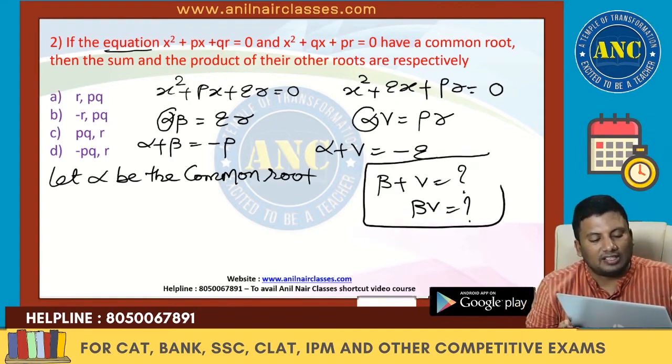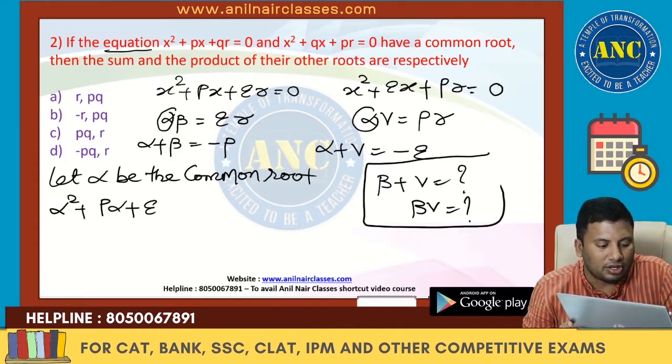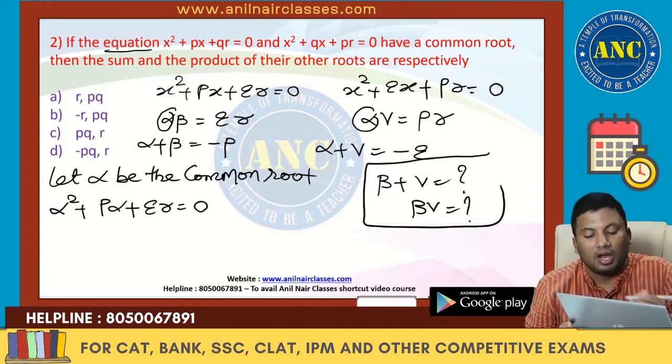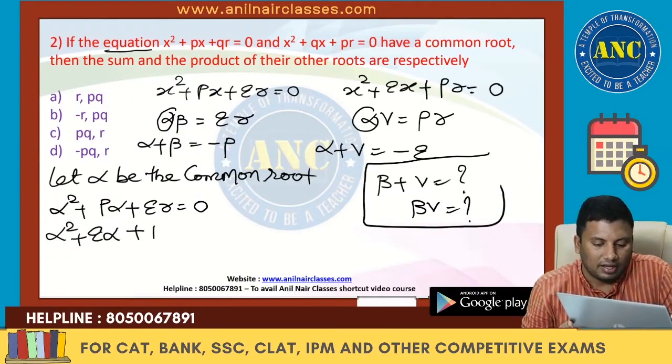If alpha is a root, it will satisfy the equation alpha square plus p alpha plus qr equivalent to 0. Alpha is also the common root for the second equation, alpha square plus q alpha plus pr equivalent to 0.